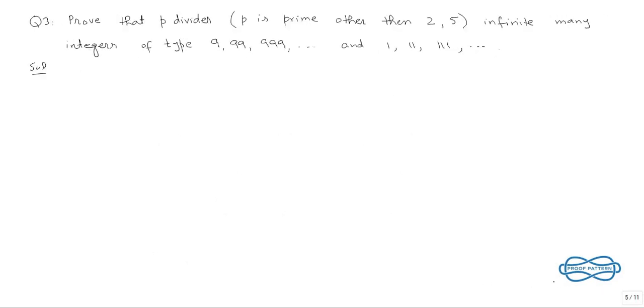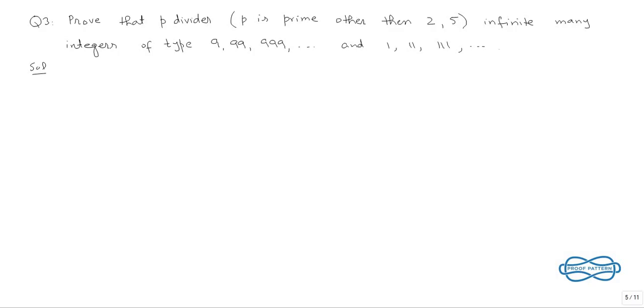We move further. Question number 3. The statement is, prove that if p is a prime number other than 2 and 5, then p divides infinitely many integers of the type 9, 99, 999 and so on, and 1, 11, 111 and so on.